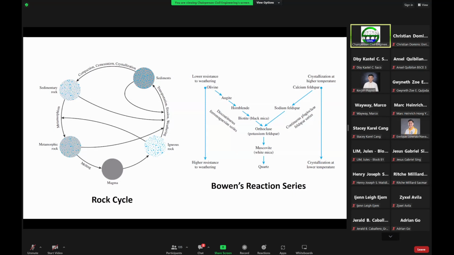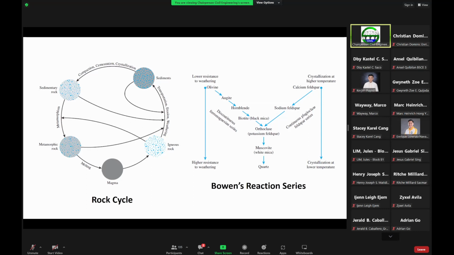Now, from the sediments, just give it time, because of certain compaction, cementation, and crystallization, these sediments will become a sedimentary rock. And then from the sedimentary rock, give it time, it will have some overburden, then it will undergo metamorphism, and it will be called a metamorphic rock.